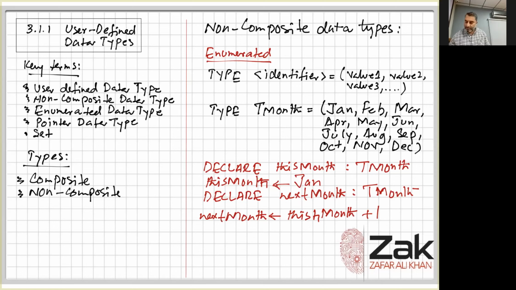Now, pointer data type. A pointer data type is used to reference a memory location.